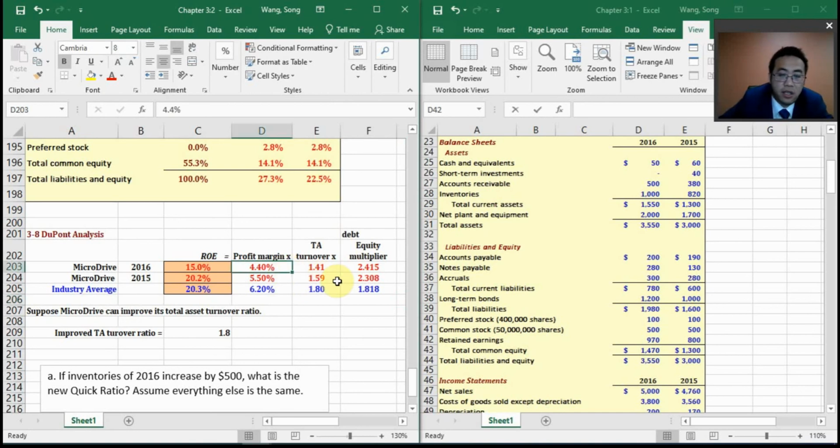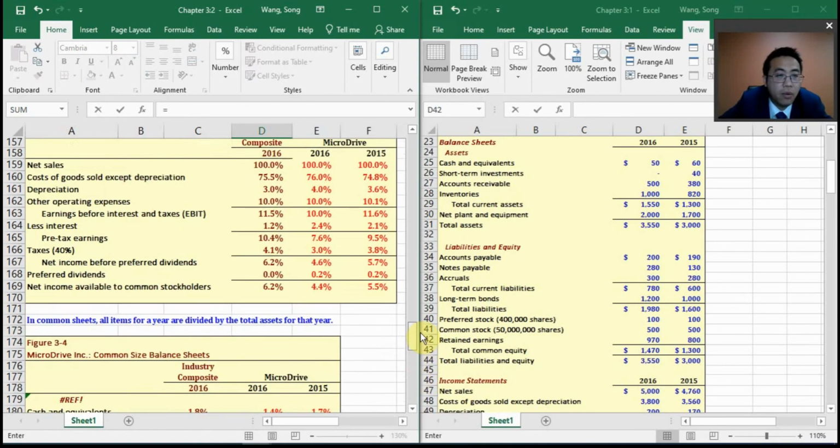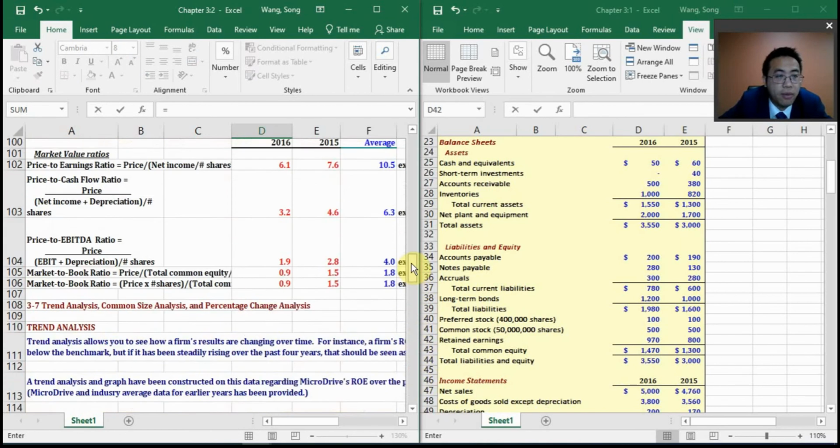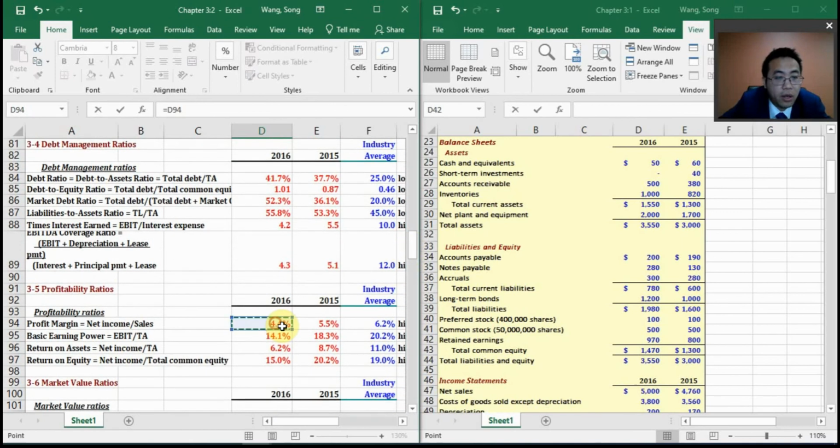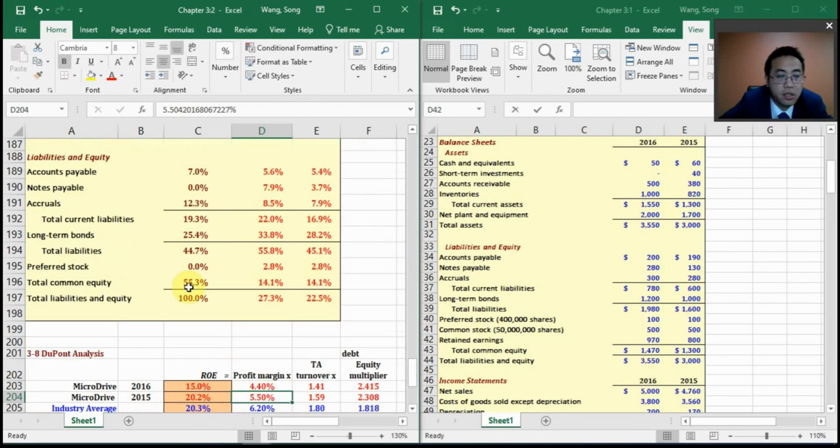So first, let's get the net profit margin ratio. Well, it is a given. We have already calculated it before, remember? It is right here, 4.4%. So we just use the link to connect the reference cell. And the assets turnover ratio is also calculated already.